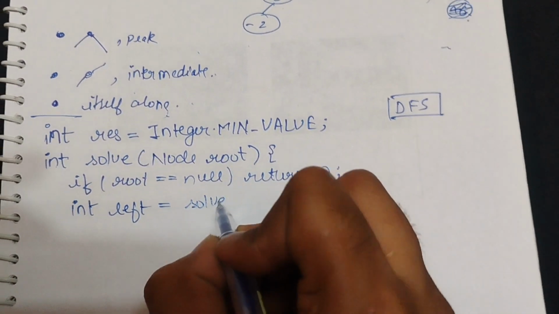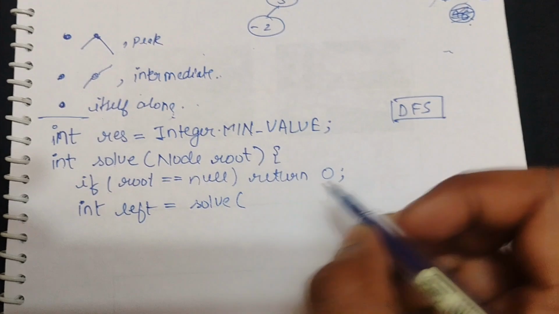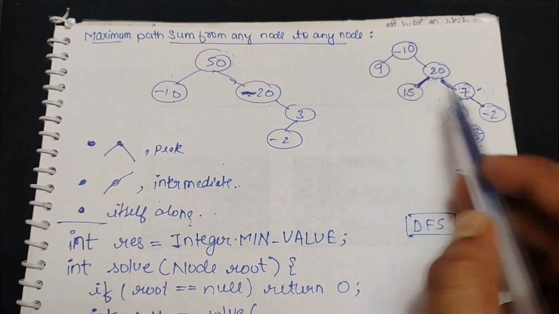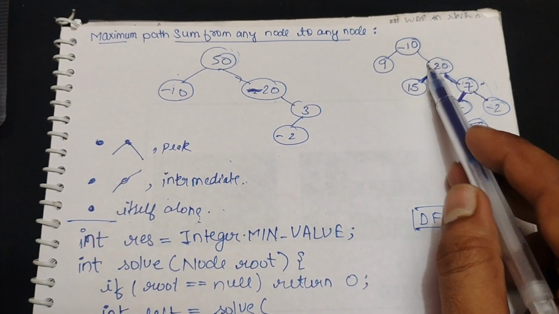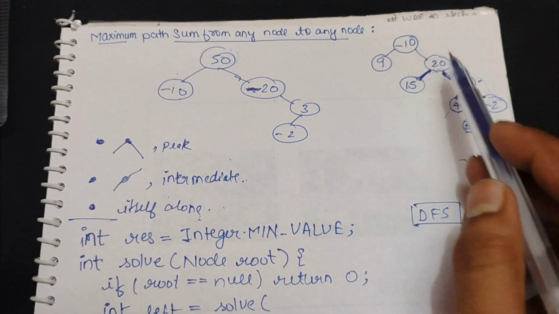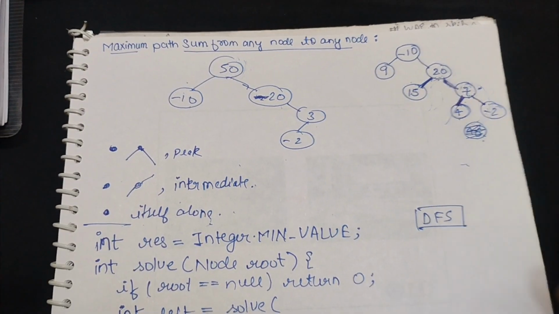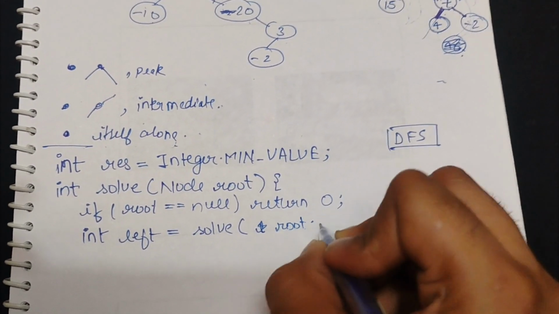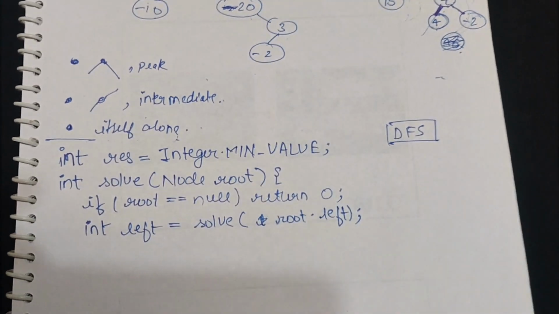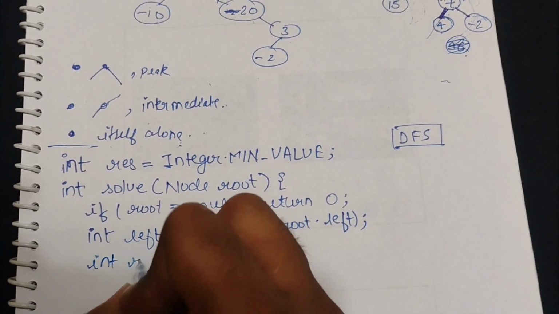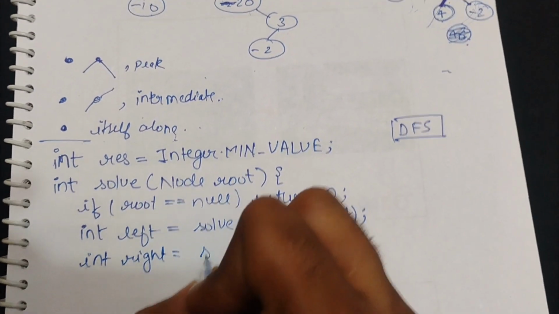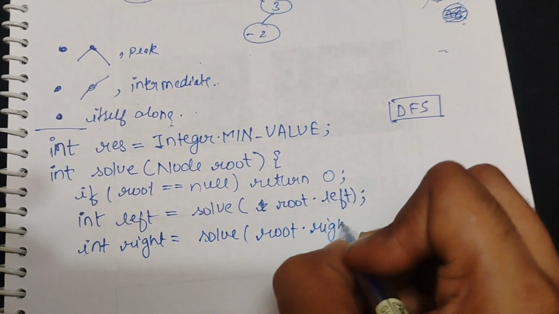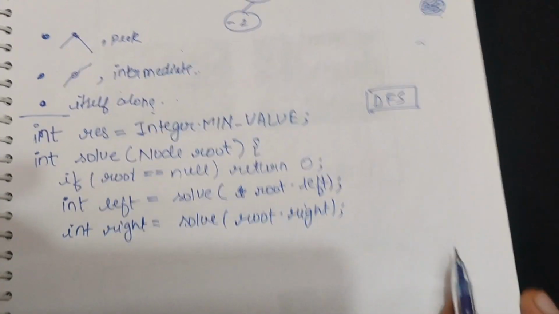So first I'll find out the answer, for a particular node, from its left, answer from its right, then also add its value and that will give me the answer for a particular node, right? So I'll do root dot left, that gives me the answer from its left. Similarly, I'll make another variable int right, call this solve function, and ask it to tell me the answer from its right. Left and right, I got the answer.